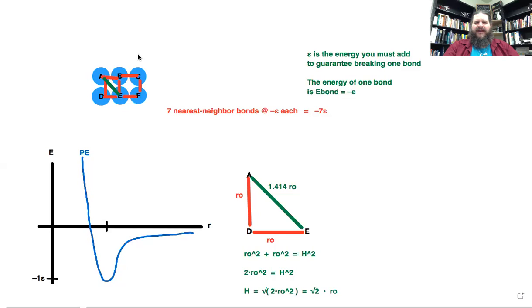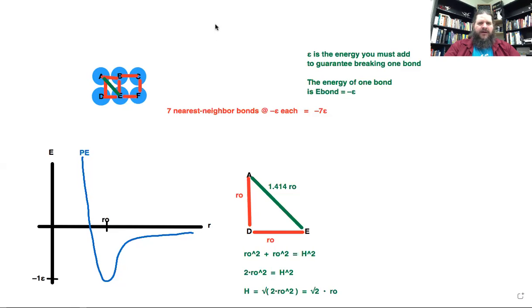What tool do we already have on screen right now that tells us how distance and energy are related? Yeah, we've got this potential energy graph. We've got R naught as the equilibrium value, and we could mark this off in units of R naught. Let's try that at first.